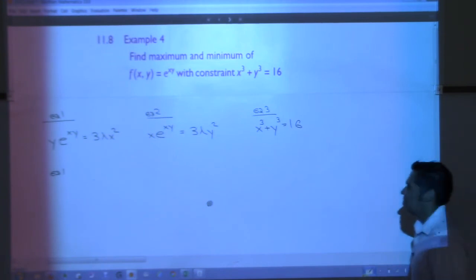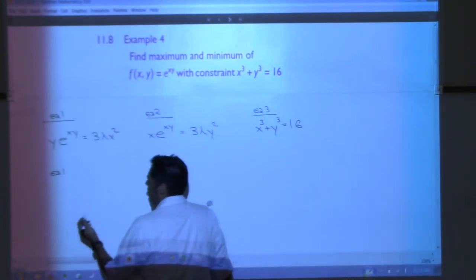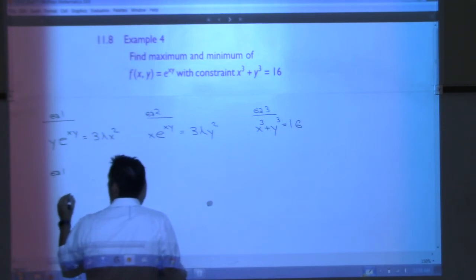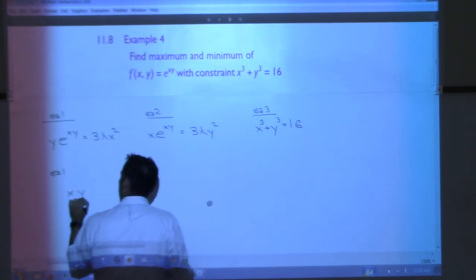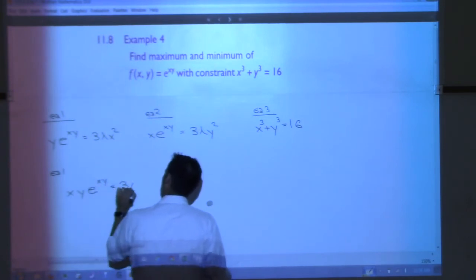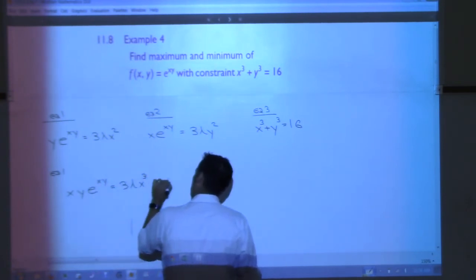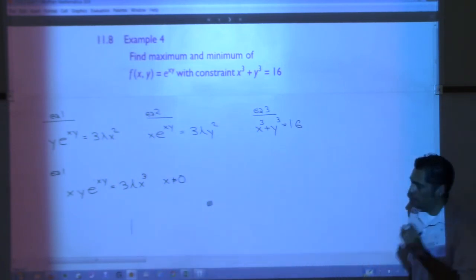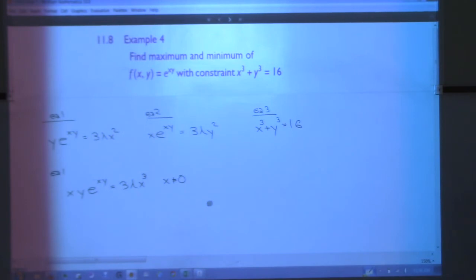I'm just going to do something that's algebraically equivalent pretty much. I'm going to take equation 1, but I'm going to rewrite it. What did I do? I multiplied both sides by x. Now, why do you think I did that?